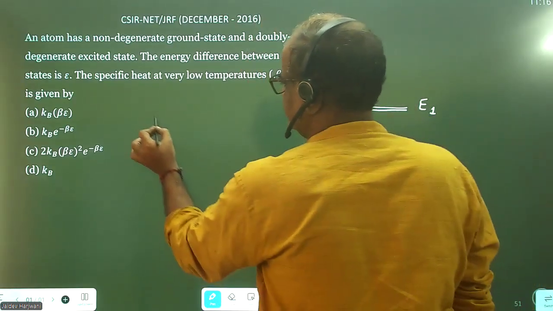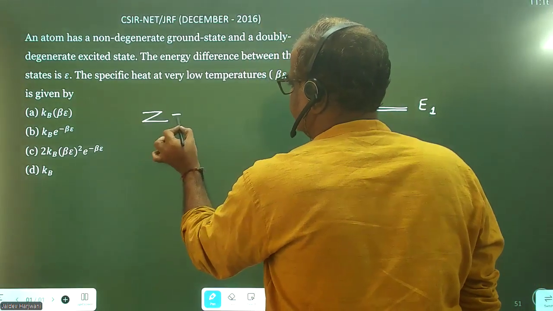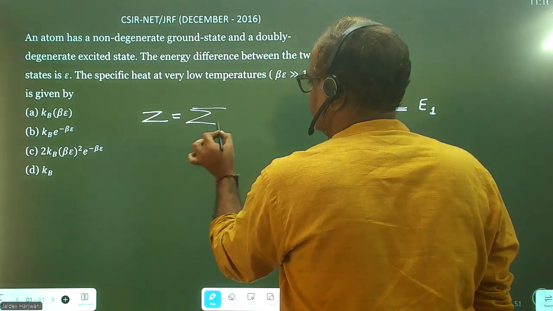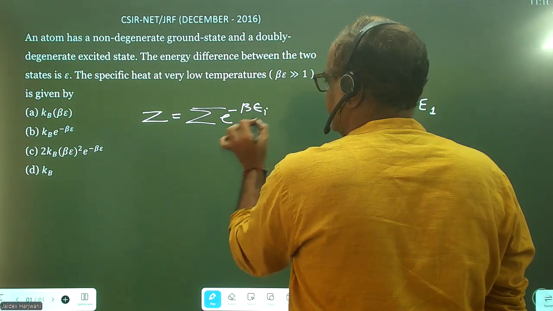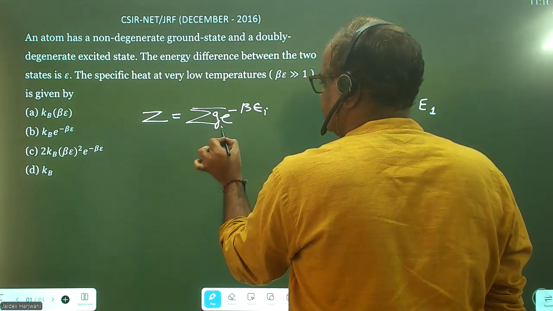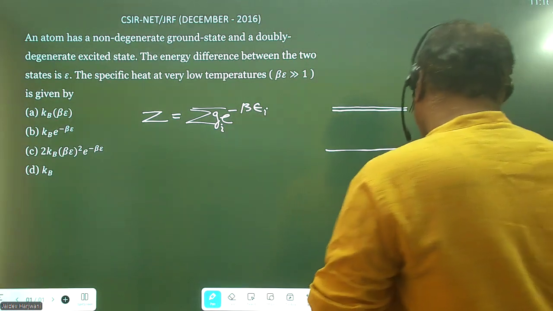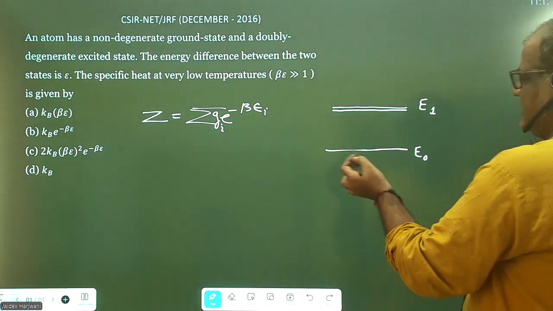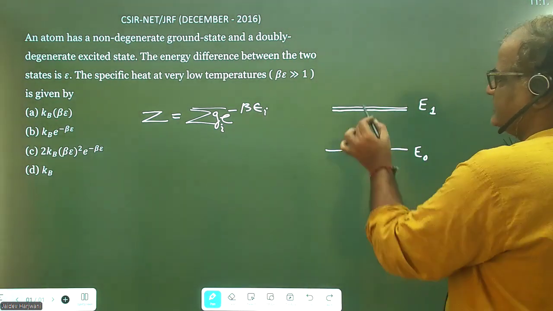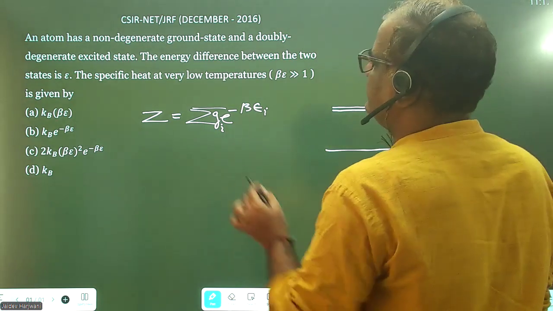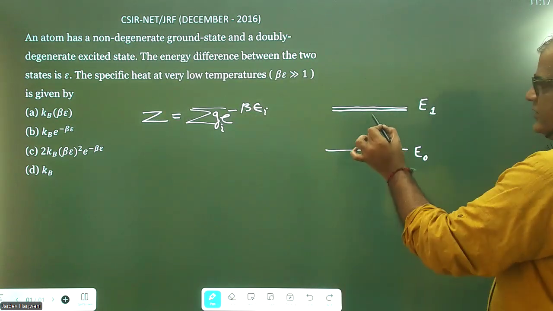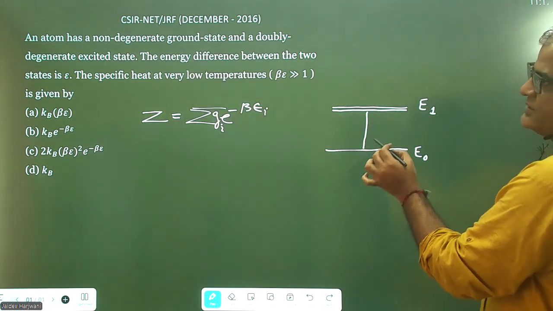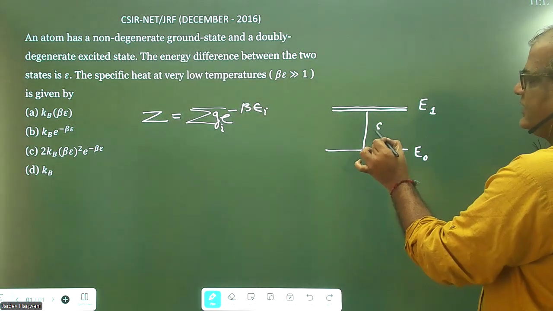The partition function Z is given by the summation of e to the power minus beta E_i, and if the system has a degeneracy, then you can write g_i. Now the ground state is non-degenerate, this one is doubly degenerate, and the energy difference between the two states, the gap, is given as E.